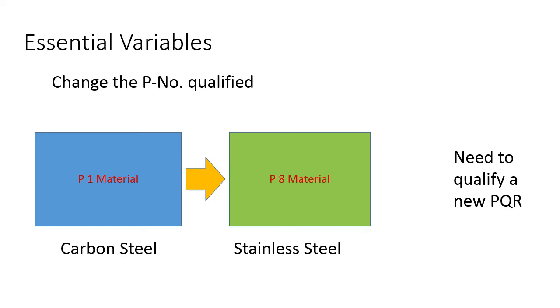There's a drastic enough difference in the mechanical, chemical, impact properties, whatever, between a P1 carbon steel material and a P8 austenitic stainless steel material. So the code says, okay, you've changed this variable. These two things are not even close to being the same material. You've changed from one to the other. You need to requalify a new PQR. These are essential variable changes. Examples.